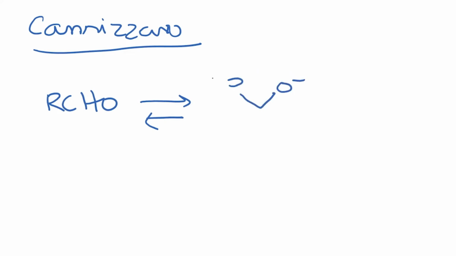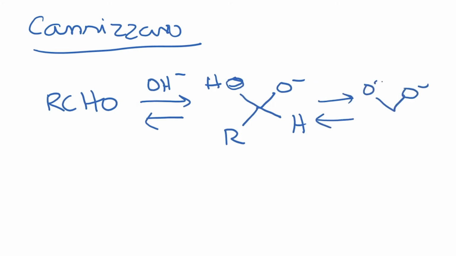O minus OH in the presence of a base, you get addition of hydroxide ion to give you this kind of a product, and now subsequently this can again lose another hydroxyl group that can be deprotonated and you can get this dianion.